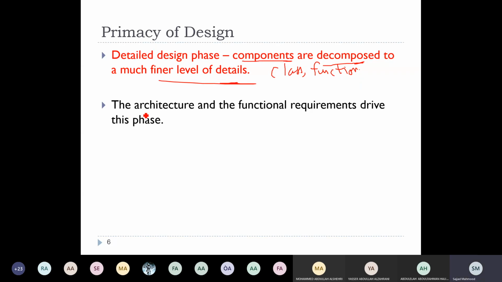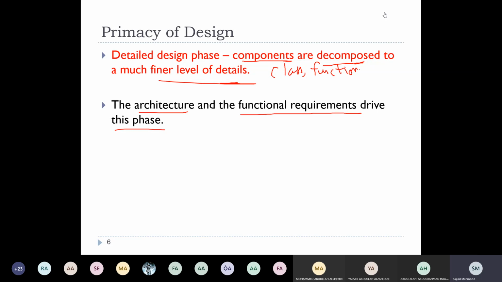Now I'm saying something very interesting here. For detailed design, I'm saying the architecture and functional requirements drive this phase. What happened to non-functional? Because for architecture, I said it is impacted by functional and non-functional.